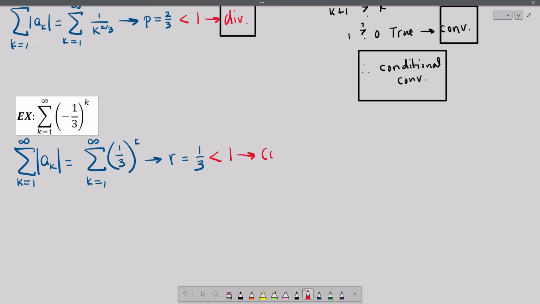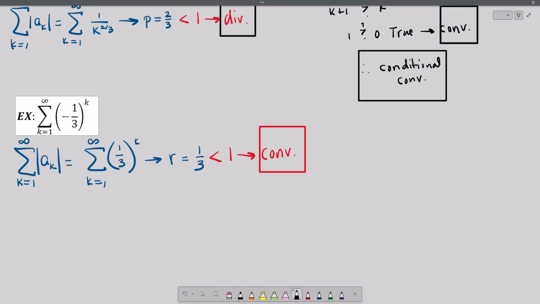So remember that for a p series, less than 1 diverges, but for a geometric series, less than 1 converges. For a geometric series, you're focusing up in the numerator, whereas for a p series you're down in the denominator. So bigger than 1 for that exponent in the denominator is going to converge, but less than 1 is going to diverge.